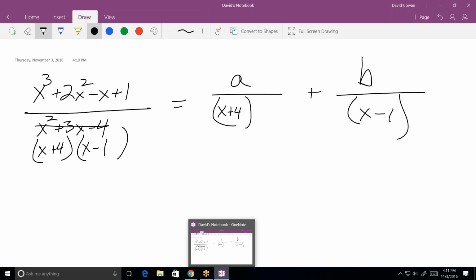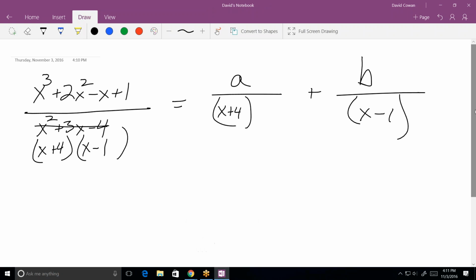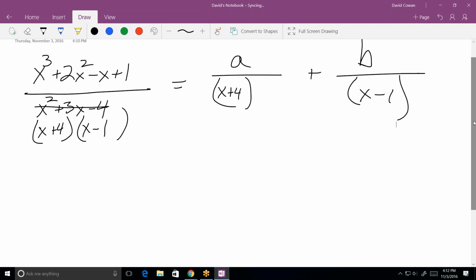Now see if you can do the rest of it without me saying much. x cubed plus 2x squared minus x plus 1 equals ax plus bx minus a plus 4b.